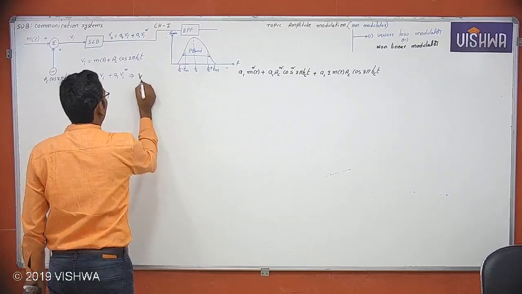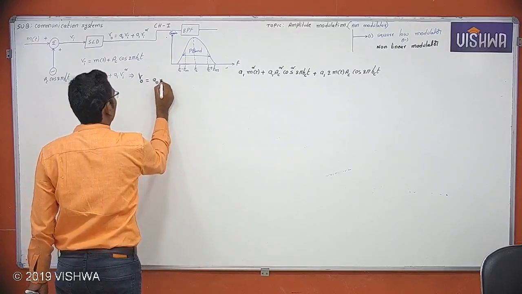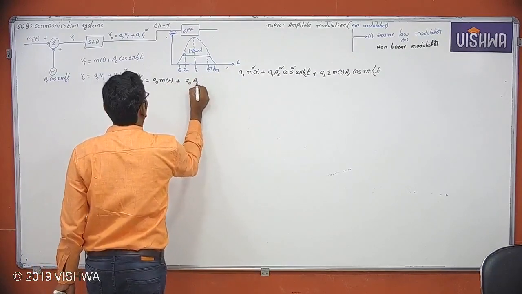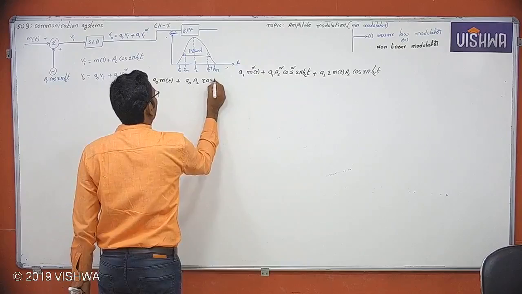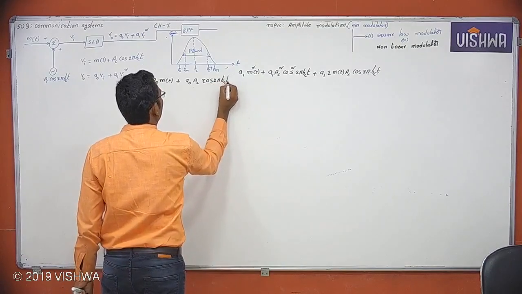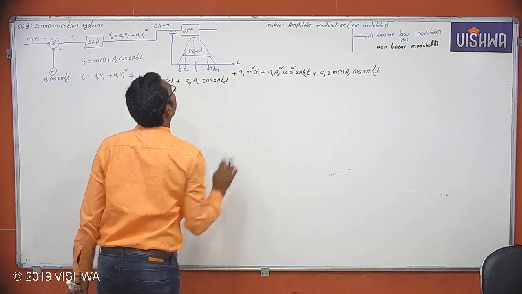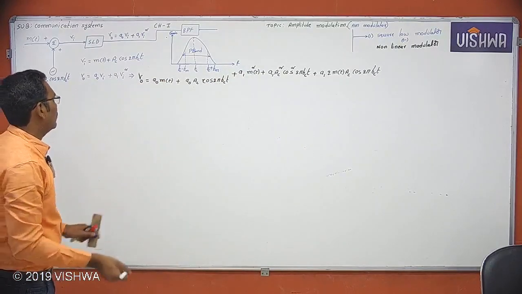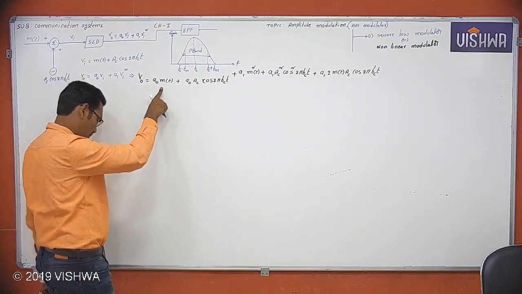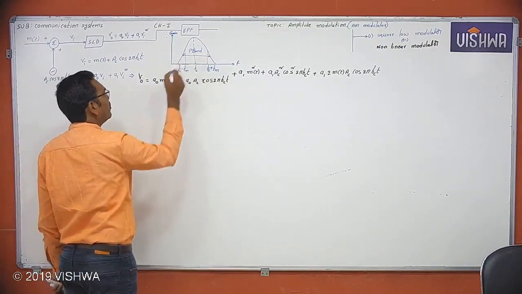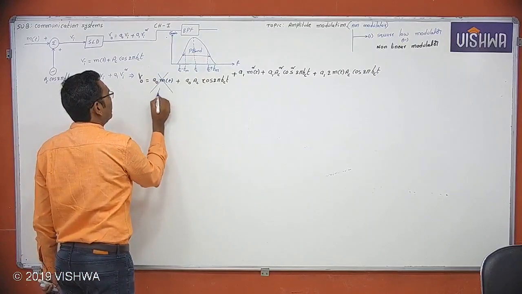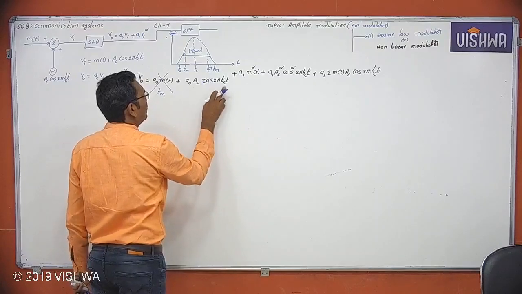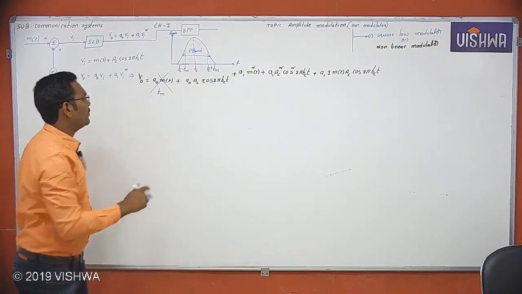Now this is the output of the square law device, which is equal to A naught into m of t plus A naught into AC cos 2 pi FCT plus the rest. Now see here: this is a message signal of frequency FM, which is not allowed by your band pass filter. This is a carrier signal of frequency FC within the pass band, therefore it is allowed.